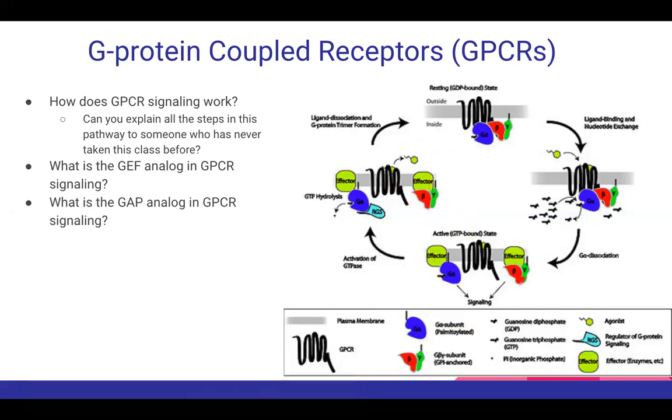You don't need to worry so much about the beta and the gamma. Just know that once the GPCR is active, G alpha dissociates, does some sort of signaling activity, and at the end of the pathway it's brought back into the complex. So does that make sense?